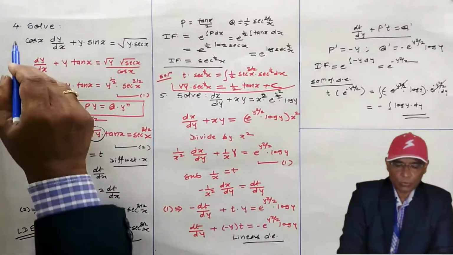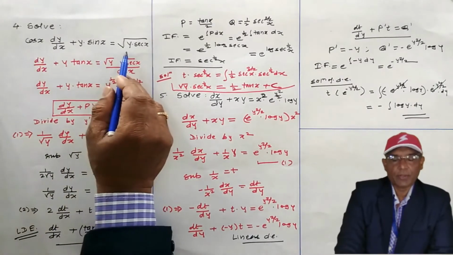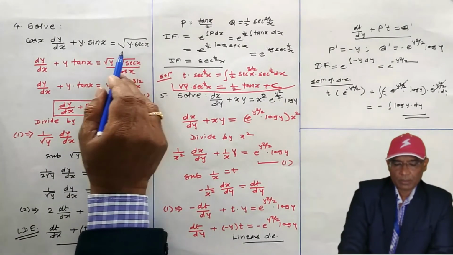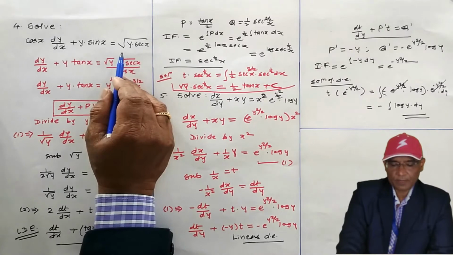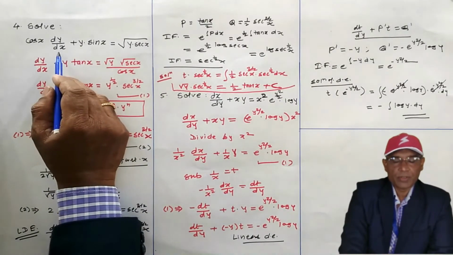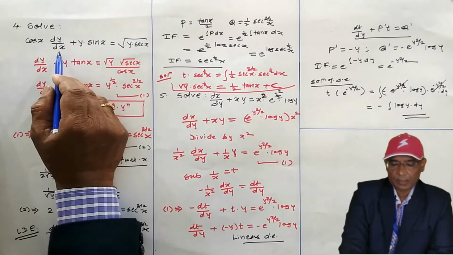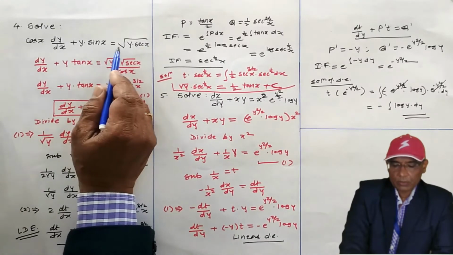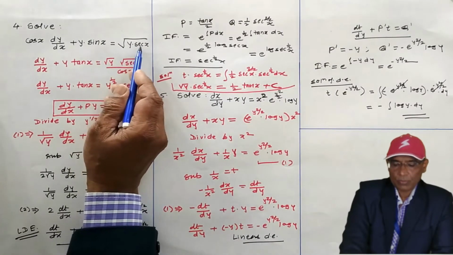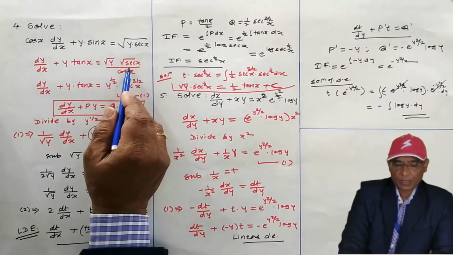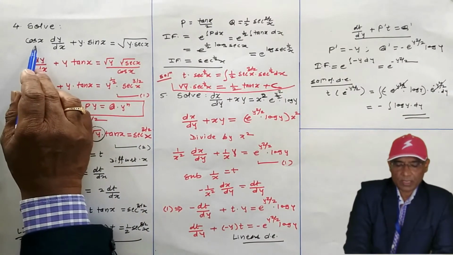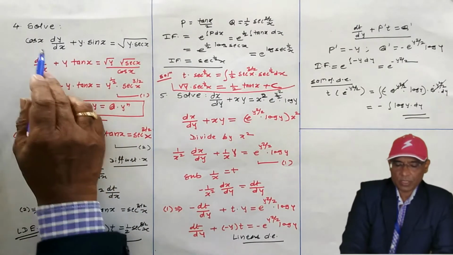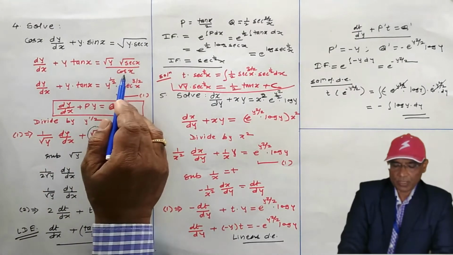Now the fourth one, solve this differential equation. Observe the differential equation carefully. This is a dy by dx differential equation, and here root of y, root of sec x is present. I am dividing by the cos x term. Sin x by cos x is 1, root of sec x by cos x.